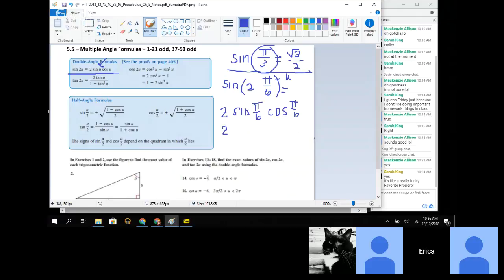The sine of pi over 6 is 1/2, and the cosine of pi over 6 is the square root of 3 over 2. And if I multiply those all out, I end up with the square root of 3 over 2, which is what my original sine is.